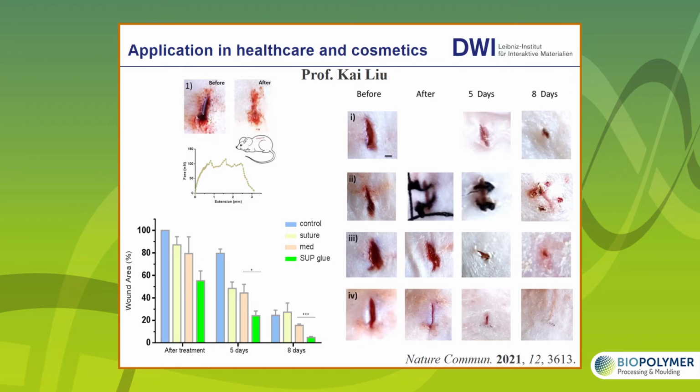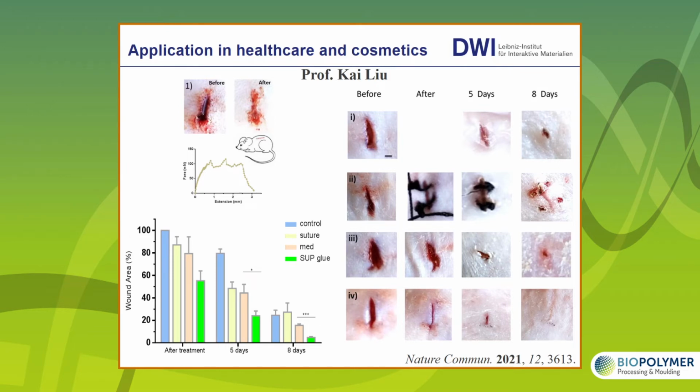Here, in collaboration with Professor Kai Liu at Beijing University, we installed cuts at the back of a mouse, and then we looked at the healing properties. We have compared 4 different experiments. First, a wound that was not treated, that's in the first row. Then we examined the wound that was closed by suture.